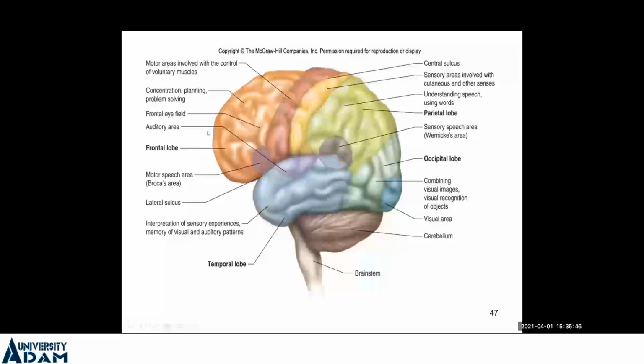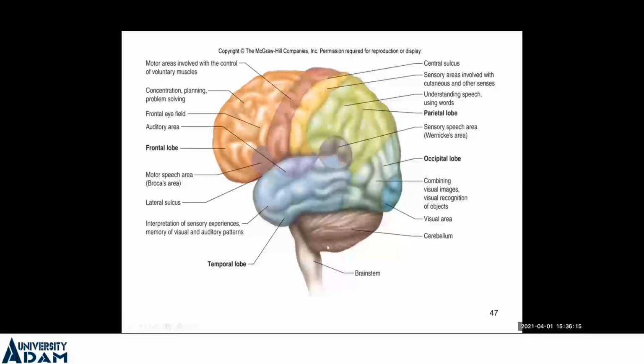So the frontal lobe is like a coordinating center, which is involved in concentration, planning, and problem solving. Here we have the frontal eye field. In the temporal lobe here, we have an area which is the auditory area, okay? Also here happens interpretation of sensory experiences, memory of visual and auditory patterns.